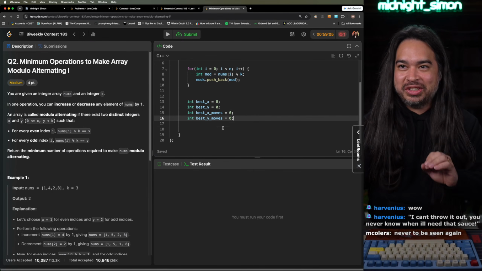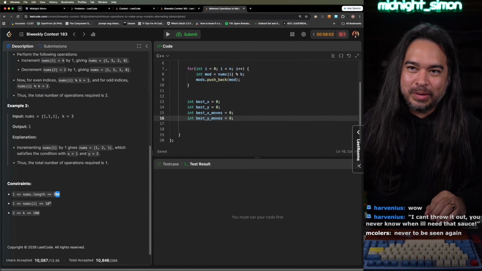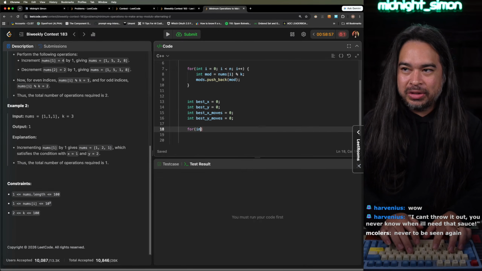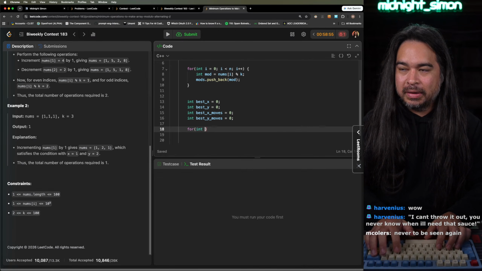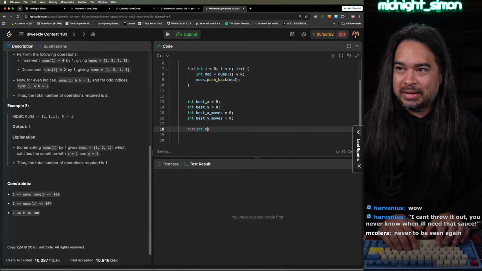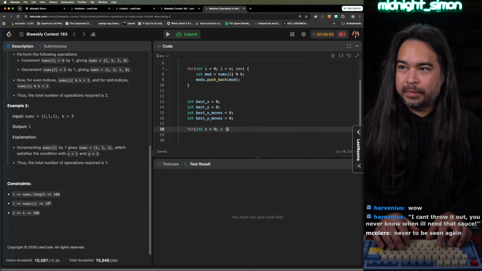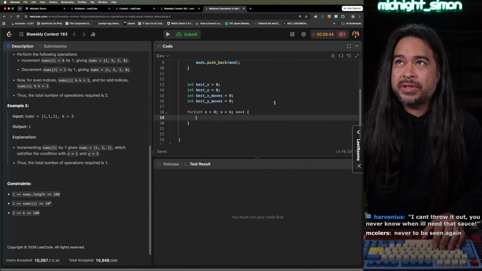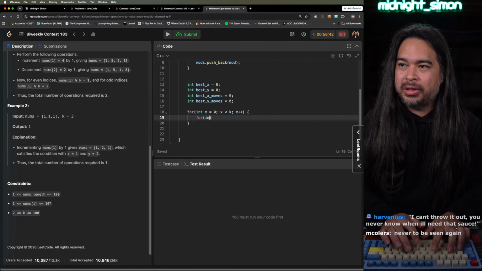All right, let's try and do this problem. I can do this Q2 because it's only 100 numbers and K is only up to 100, so I feel like I can just guess. 100 times 100, yeah, it will be all right, man.